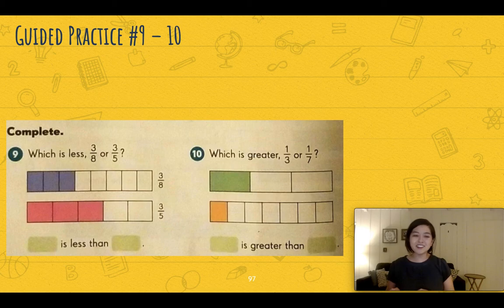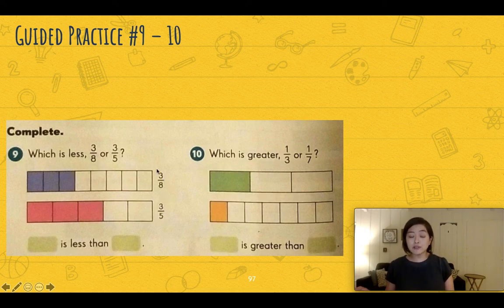Hi again. Okay, let's see what you have. So we have these two models, and we want to find which is less, 3/8 or 3/5. Now, they're unlike fractions because their denominators are different. We have a denominator of 8 here, we have a denominator of 5 here, but their numerators are the same, 3 and a 3.